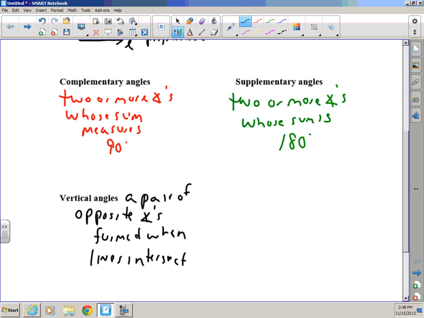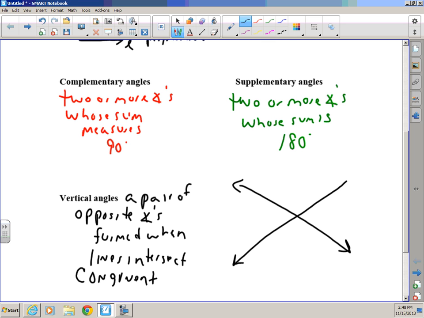Vertical angles are congruent to each other. So if you look at the diagram here on the right, I have a pair of intersecting lines. They form four angles. And we know that 1 is opposite 3, so they are vertical, and 2 is opposite 4, they are vertical.